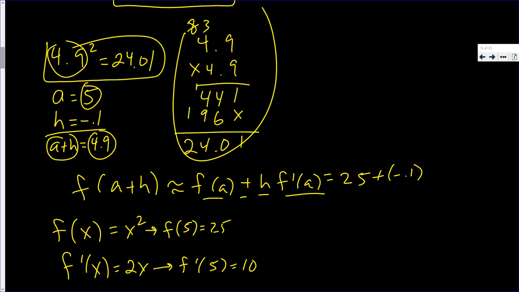So I get 25 minus 0.1, which is 24.9. Of course that's wrong. If I multiply this number by 1, I'll get back itself.